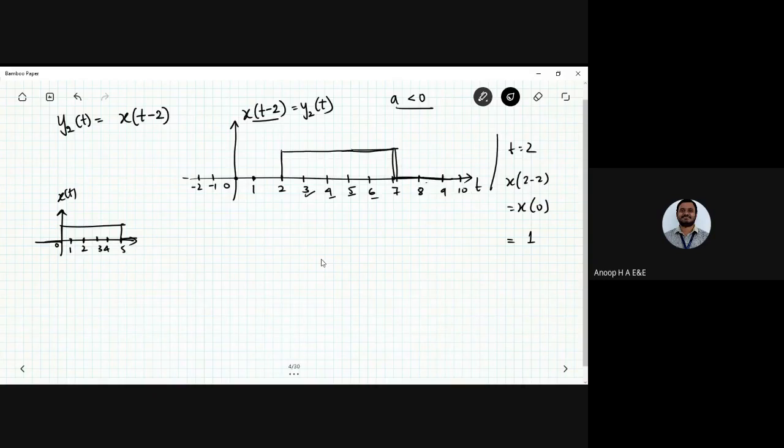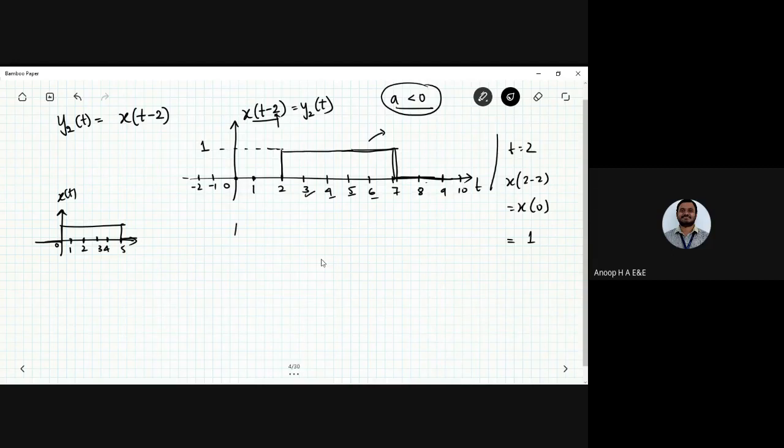Hope you are getting what I'm teaching right now. If you check by giving the values, you can see that when a is less than 0, the translated signal is shifted towards the right by some a units.